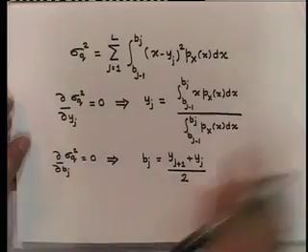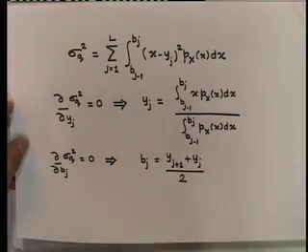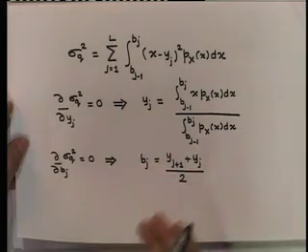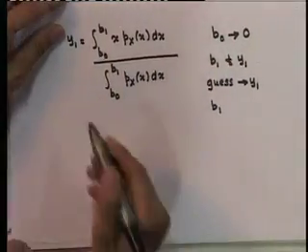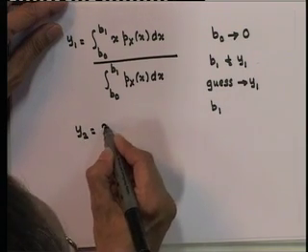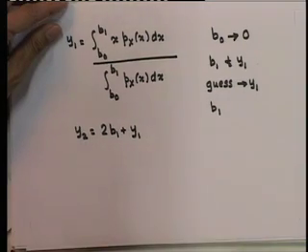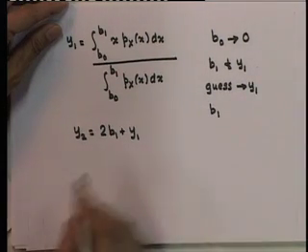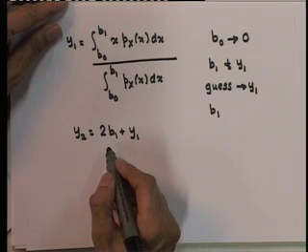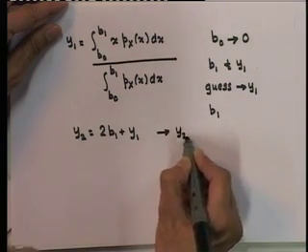Now, setting j equal to 1 in this equation and rearranging the terms slightly, we get y2 is equal to 2 b1 minus y1. So, from this we can compute y2.